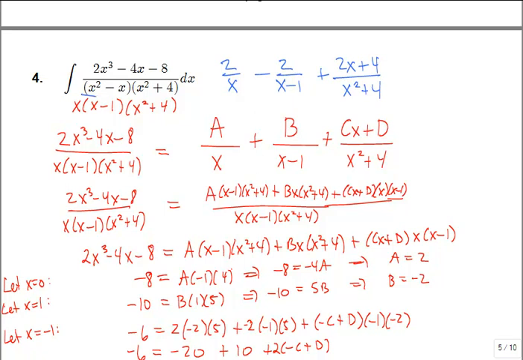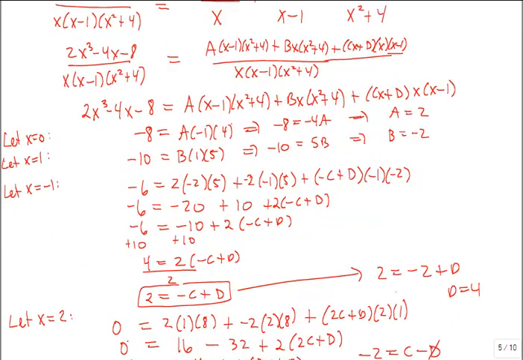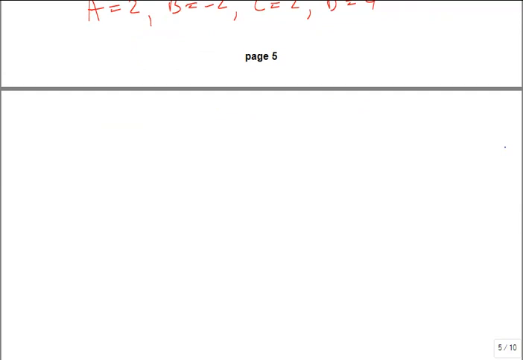So instead of integrating all of this, I'm going to integrate these three instead. Okay, so all we've done so far is all the algebra it takes to get the a, the b, the c, and the d. That's the tedious stuff. The actual integrating will actually be pretty easy to do. So let's pull this down and go ahead and do that on the next page.